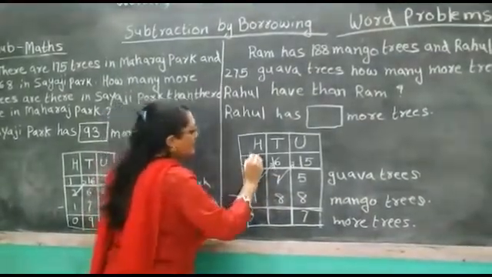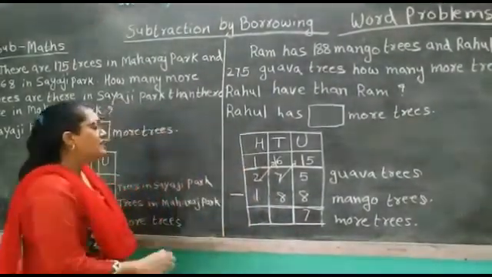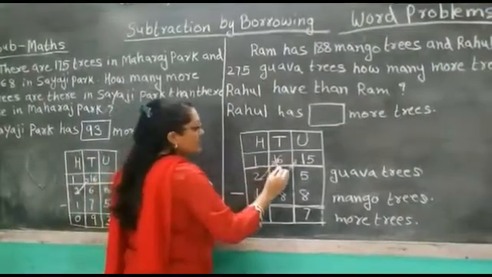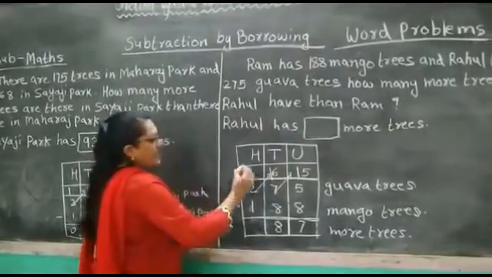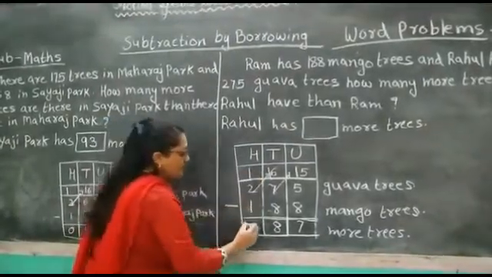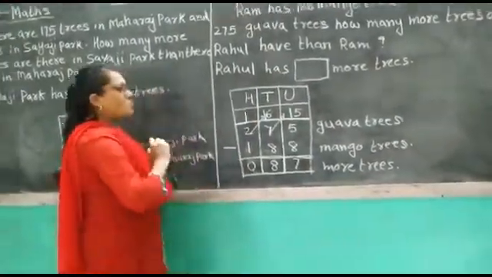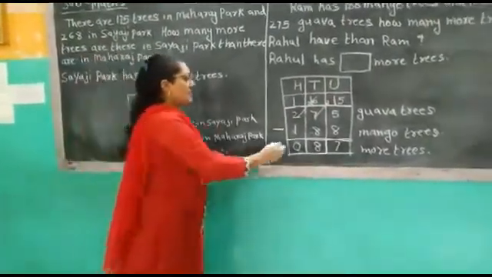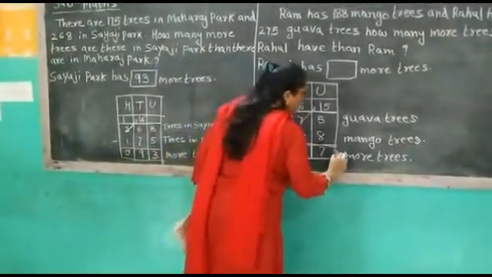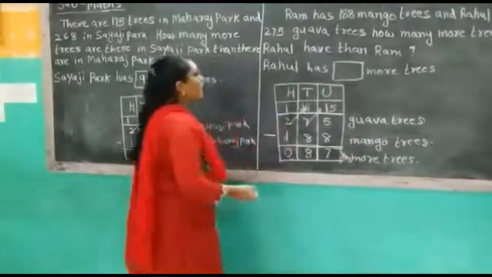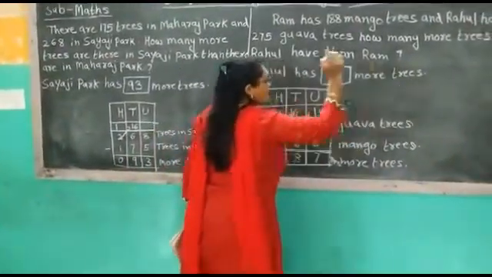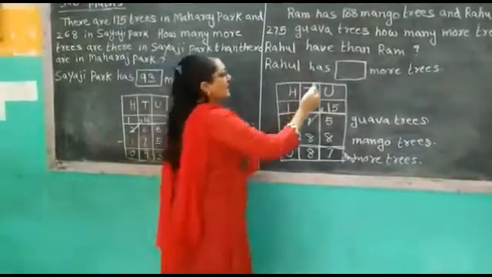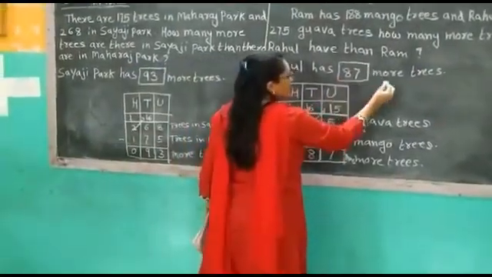So again in 100 place there will be 1 and here in the tens place 16 minus 8 will be 8 and here 1 minus 1 will be 0. So what will be your answer, children? 87 will be your answer. Now what they have asked us, Rahul has dash more trees. So Rahul has 87 more trees.